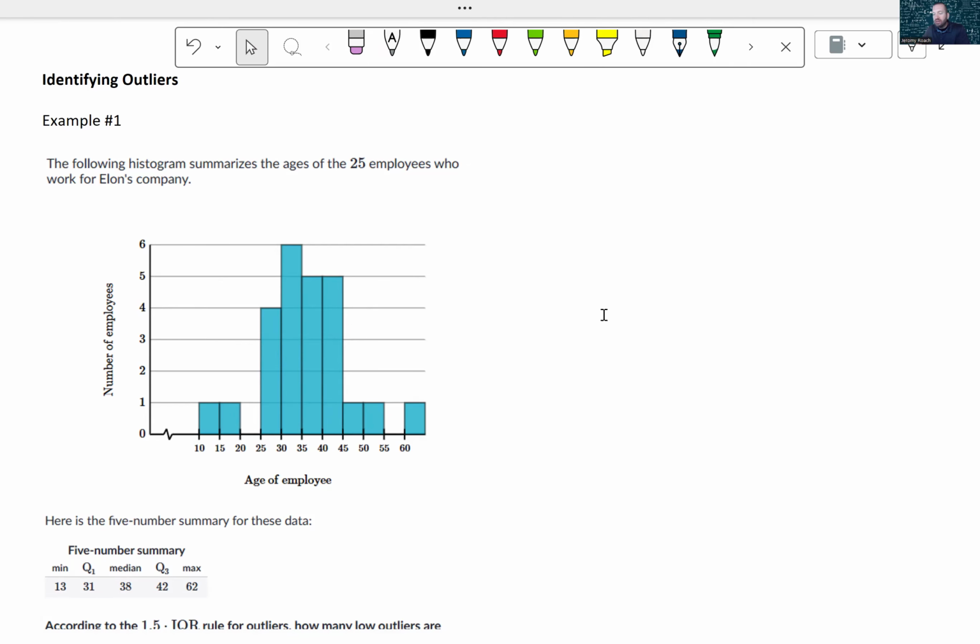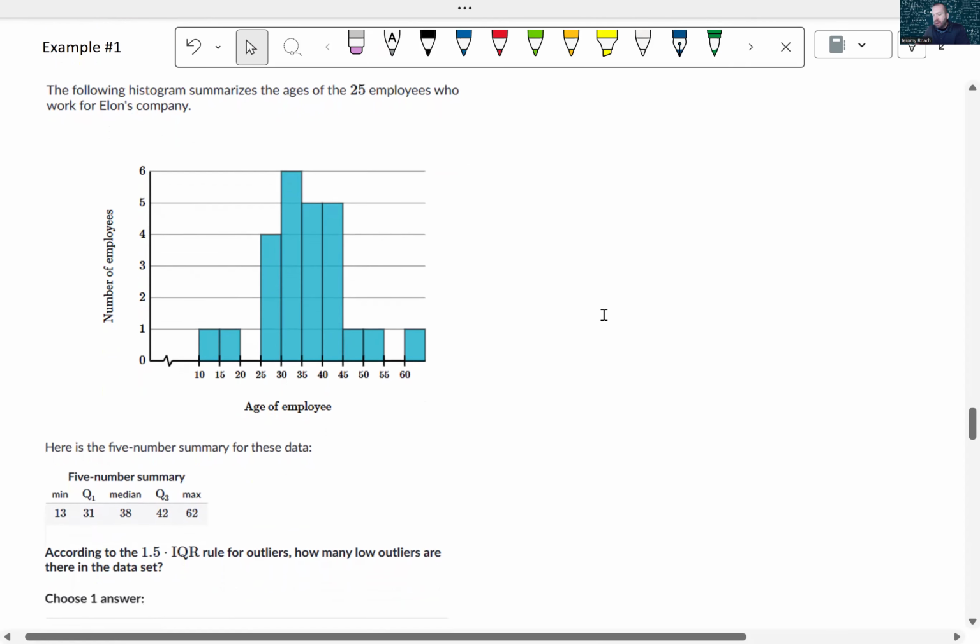So if we're given data and we're given the minimum, the maximum, the quartiles, and the median, we still need to think about what potential outliers are, because a lot of times it's not a good idea to make generalized statements about the outliers of data.